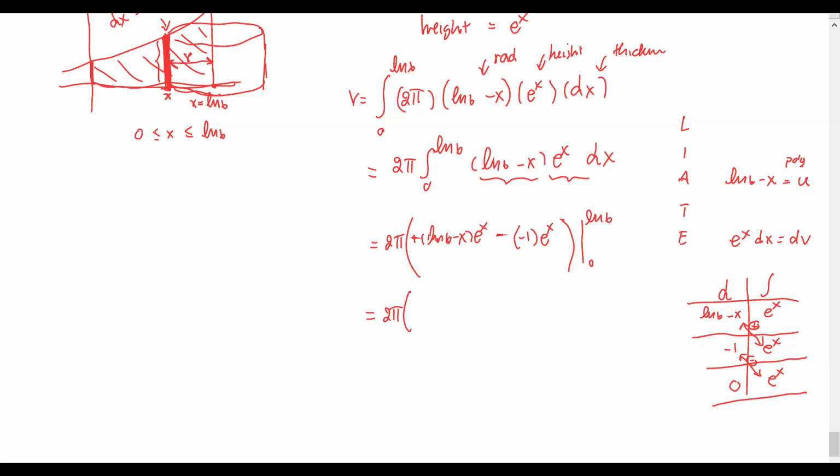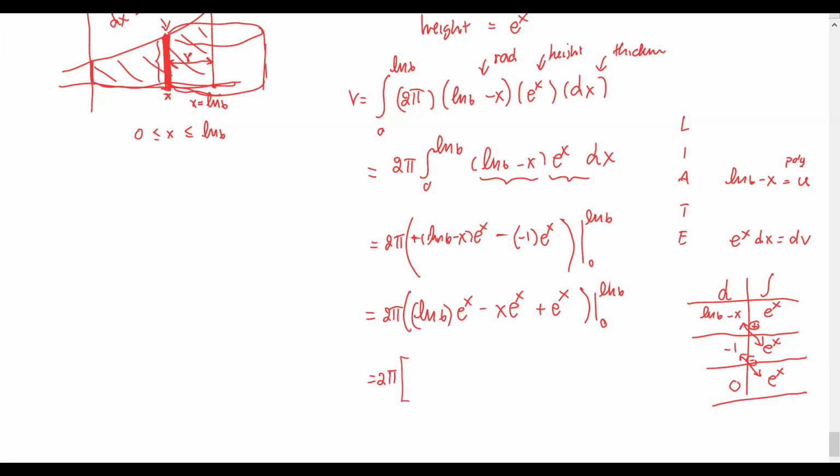If we expand it out, we have natural log 6 multiplied by e to the x, minus x e to the x, plus e to the x, evaluated from 0 to natural log 6.